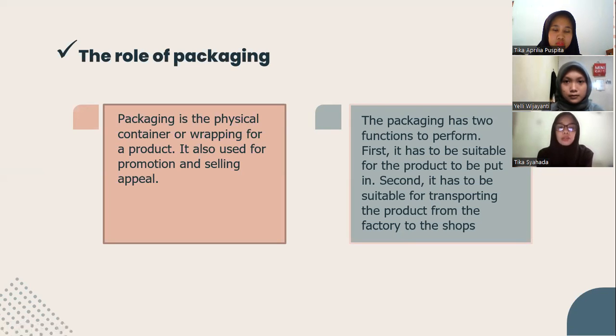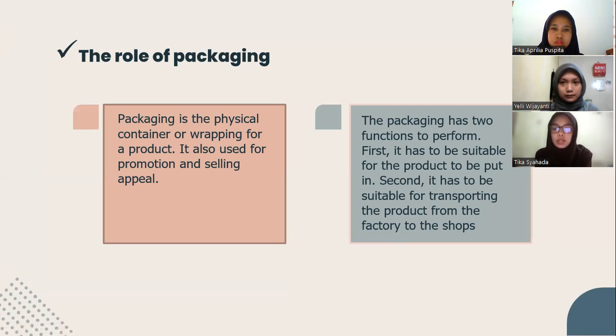Okay, and for the role of packaging, it has two functions to perform. First, it has to be suitable for the product to be put in, and the packaging has to give protection to the product and not allow it to spoil.